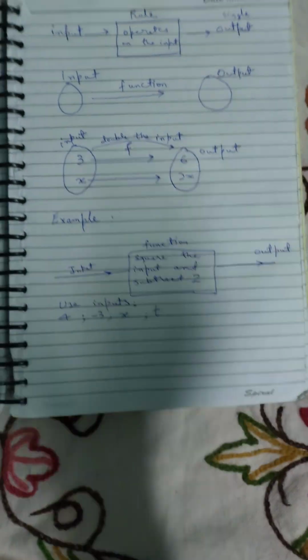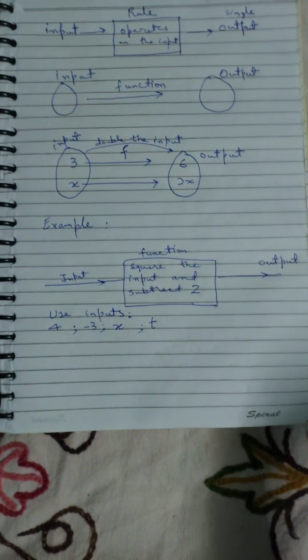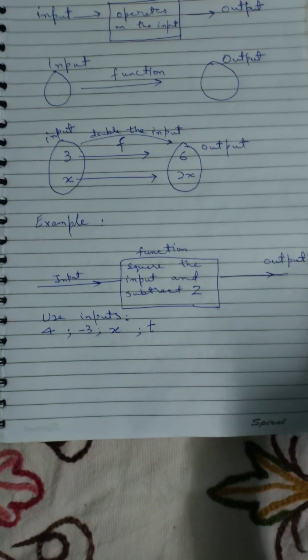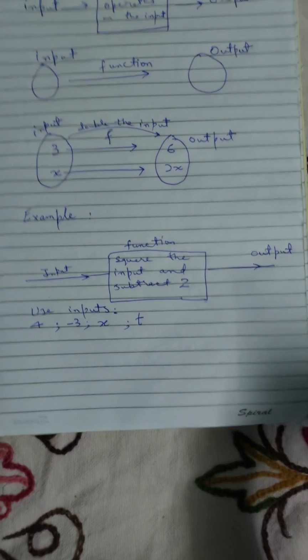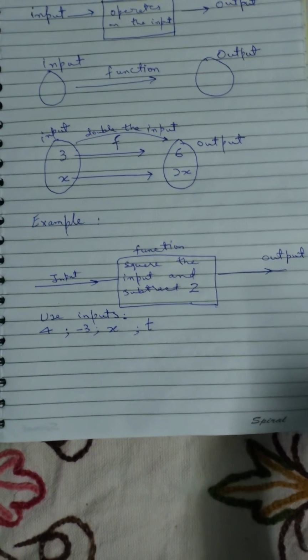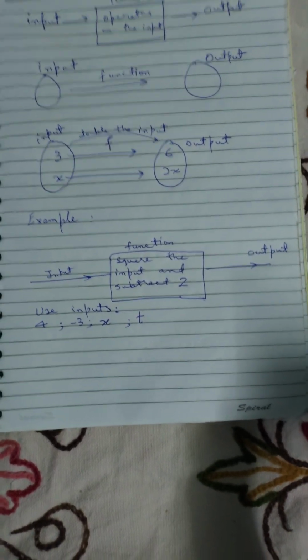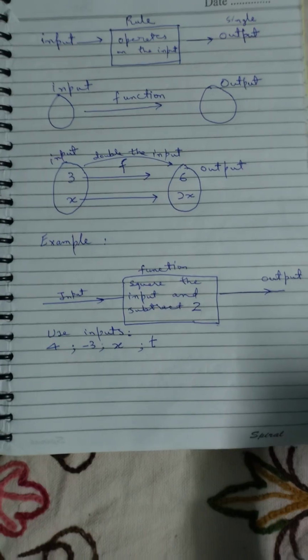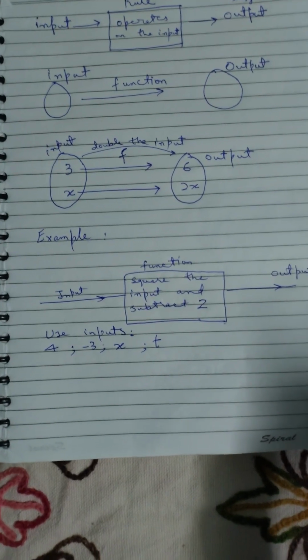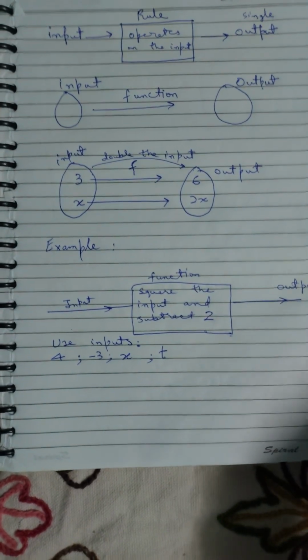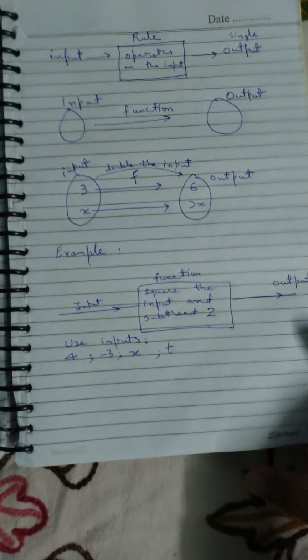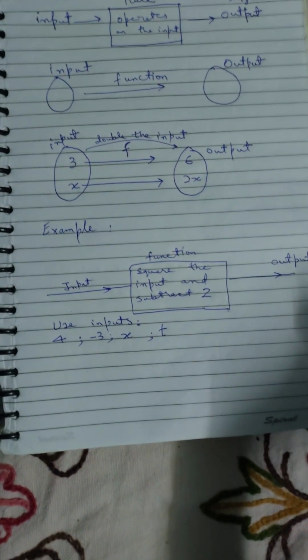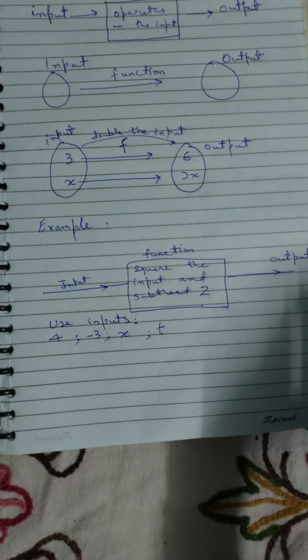So here I have written an example. The input, and the function is square the input and subtract 2 from it, and then you have to get the output for the inputs 4, minus 3, x and t. Okay, for 4, what would we get?